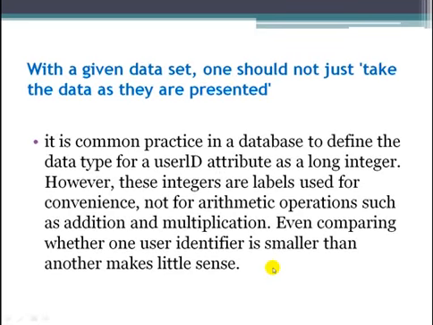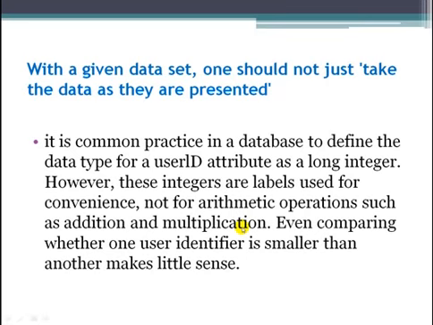With a given data set, one should not just take the data as they are presented. You can't just consider data as interval data because it looks like a number. You have to be careful. It's common practice in a database, for example, to define the data type for a user ID attribute as a long integer.